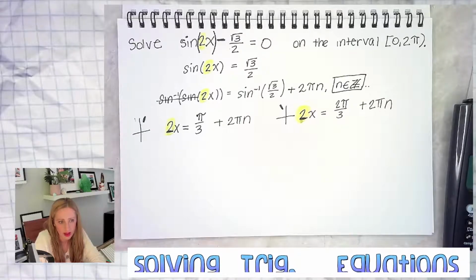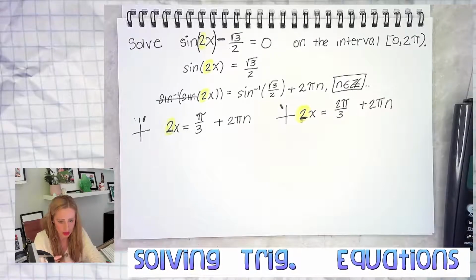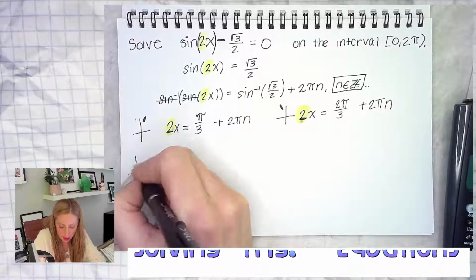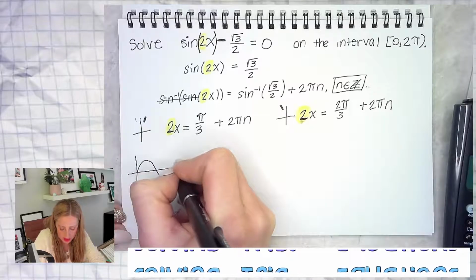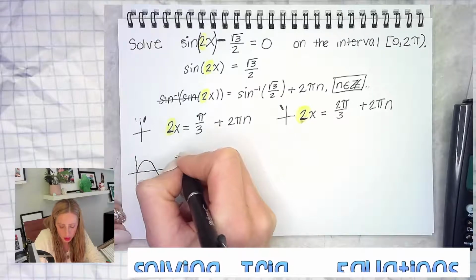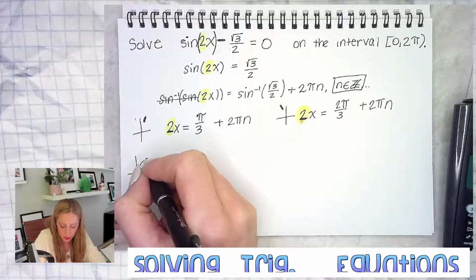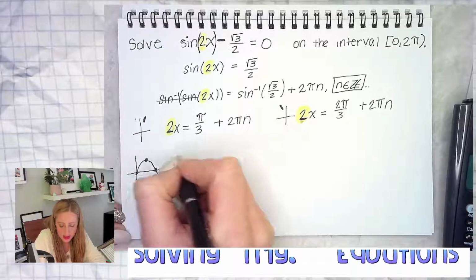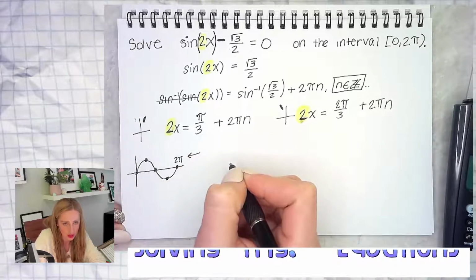Go ahead, Zareen. A horizontal compression? Yes. That will take a parent function of sine. Here's sine normally from 0 to 2 pi. We went over how to get these points, those are just quadrantal angles. It's going to be a horizontal compression.